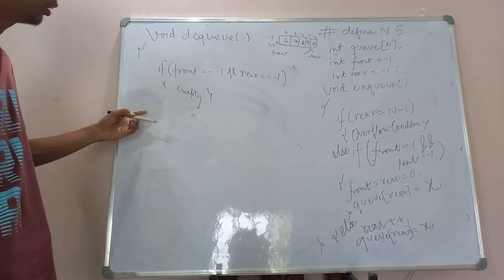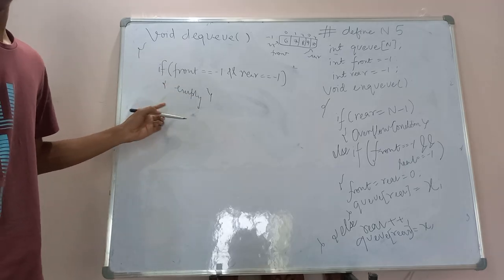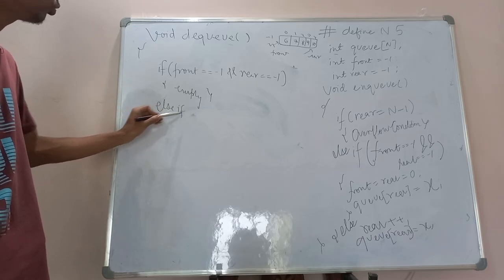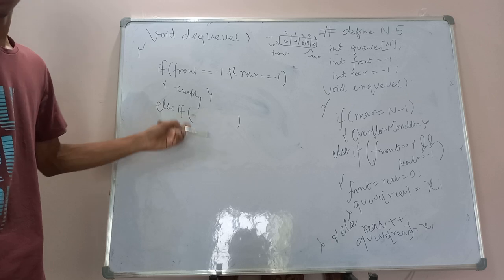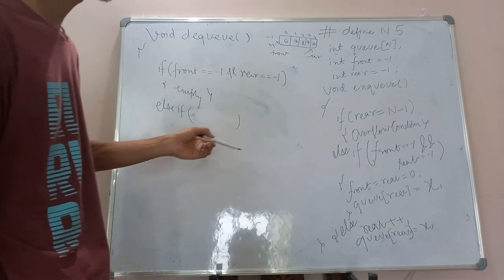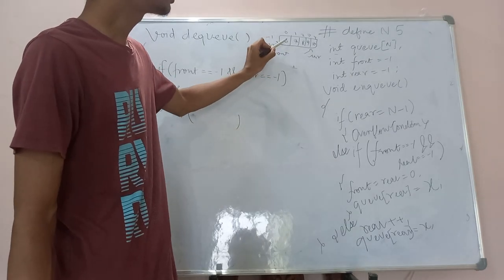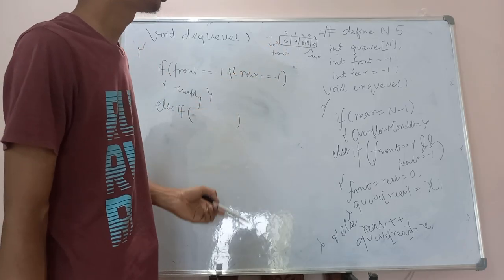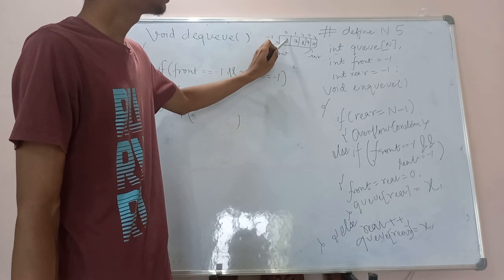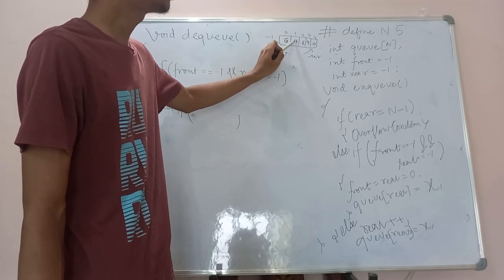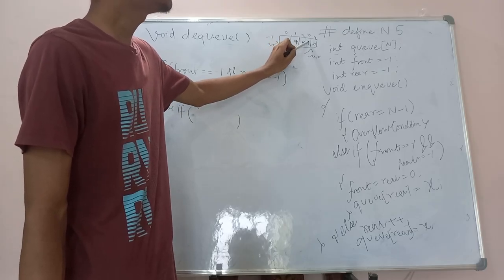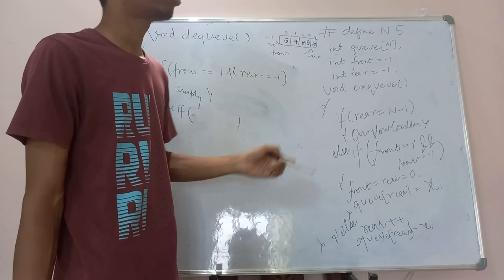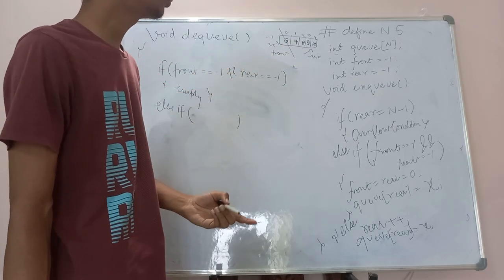But else if, suppose I have reached here. Suppose this is my queue. First I gave 6, then I gave 7, then 8, then 9, then 10. So first I gave 6, so I will remove 6 first.